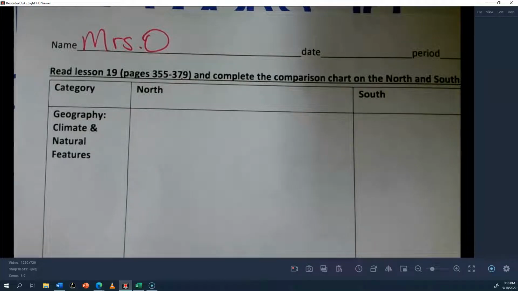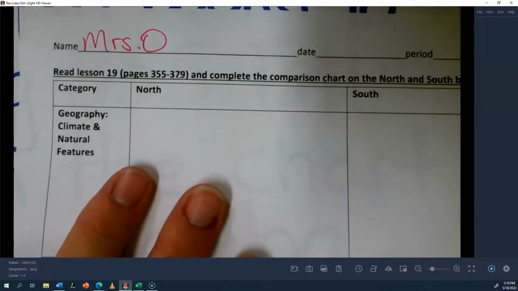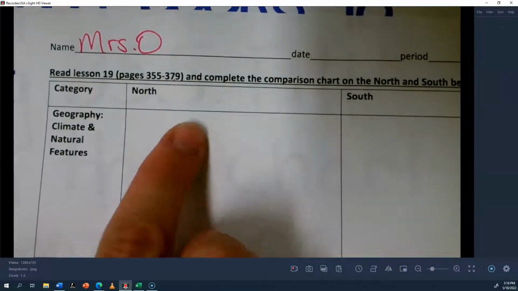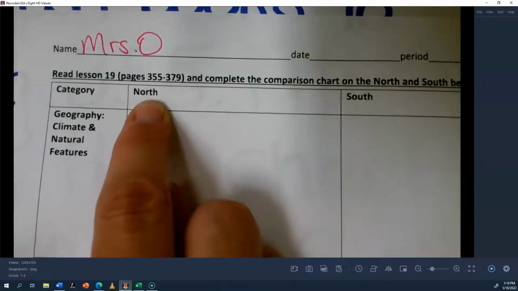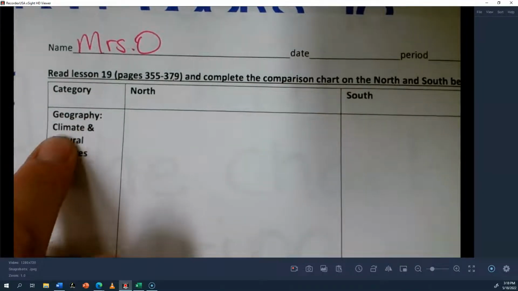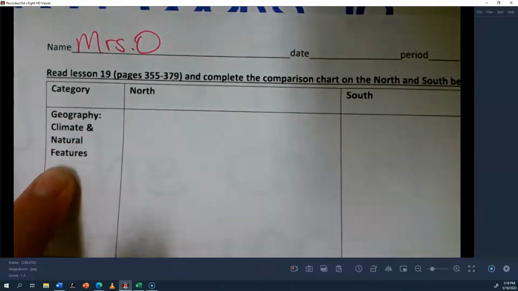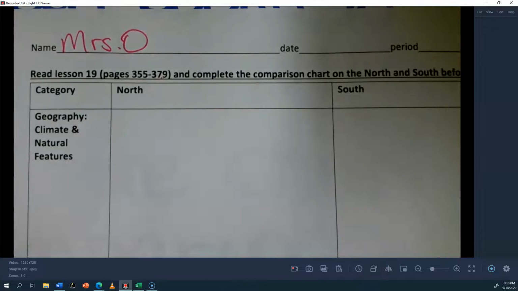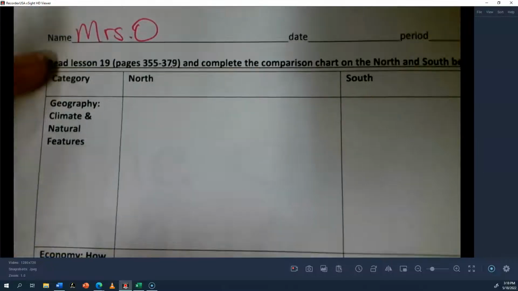So, looking at this, you've got different categories. You've got the category of North and South. Now, the first thing it has on here is geography, climate, and natural resources, right? You know what it doesn't have? What I should have added to this, because apparently this is the old one that I printed.